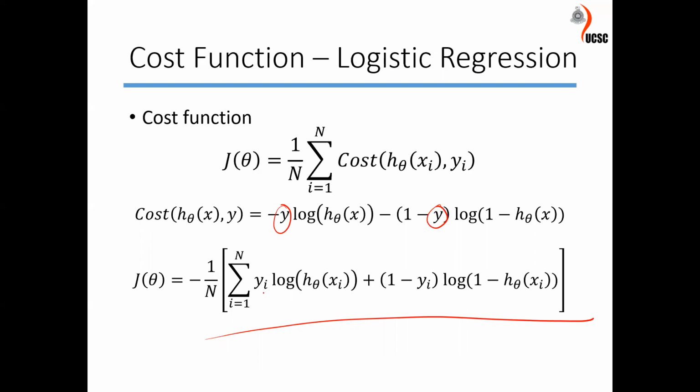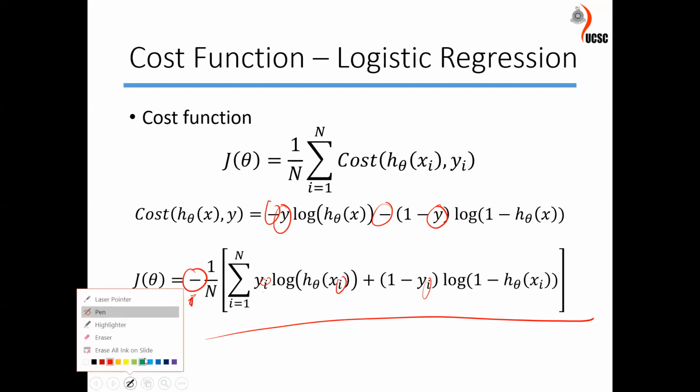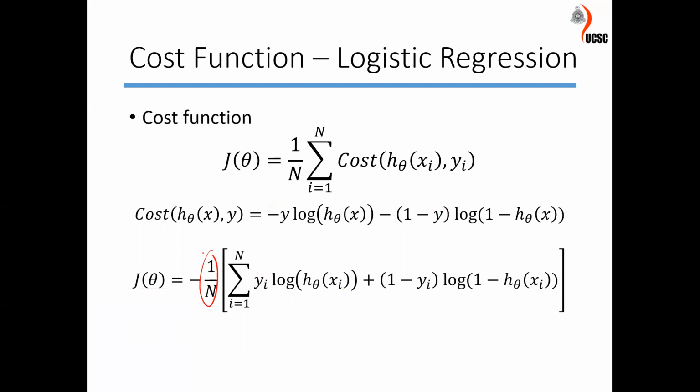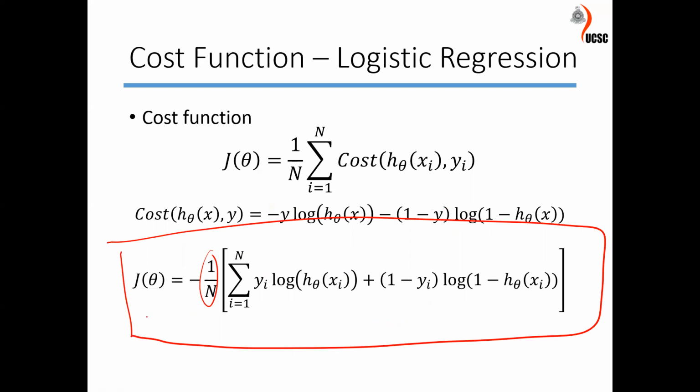You can write it as yi log h naught xi, plus you can take this minus out and write it as this, then 1 minus yi log 1 minus h naught xi. You can take the mean out of that. So this is the final cost function for a logistic regression.